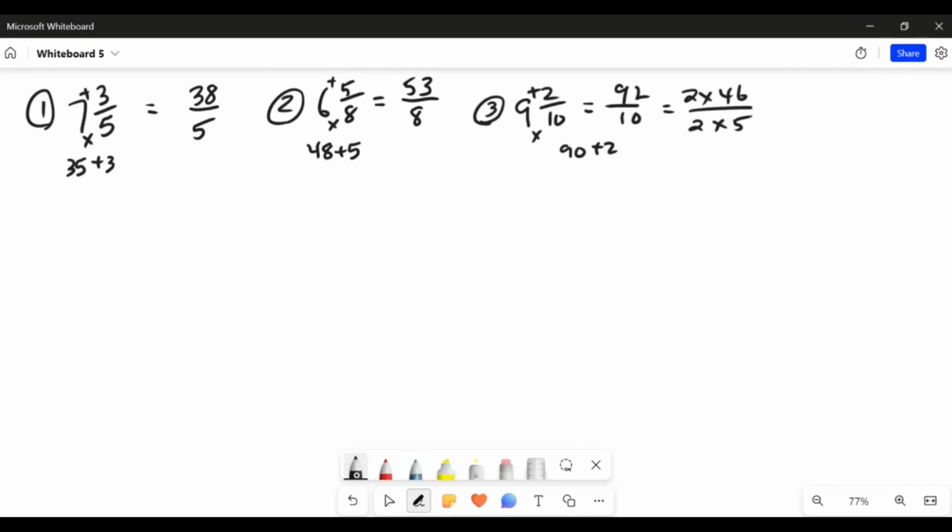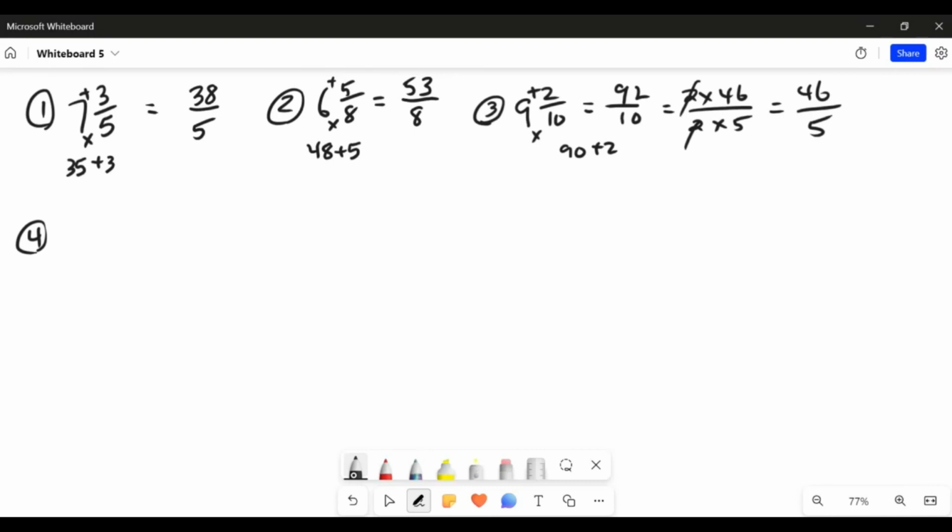If you don't know that 2 times 46 is 92, then you should have your calculator out and you should be punching in 92 divided by 2. So the 2's divide out, and we're left with 46 over 5.